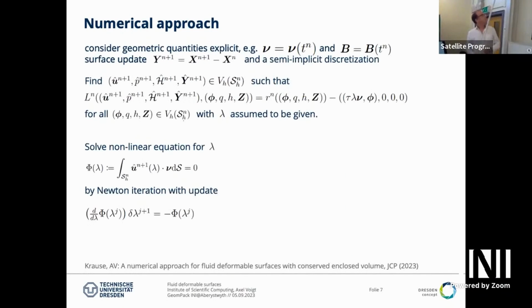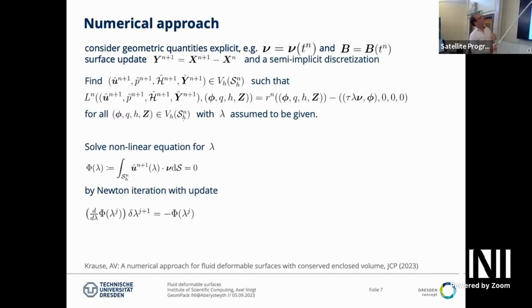And we consider in each time step all geometric quantities explicit. So the normal is from the old time step, and the shape operator as well. And we consider as unknown not the new parametrization, but some surface update. Okay. And then in the first step, we say that our Lagrange multiplier is given. We don't deal with that too much.